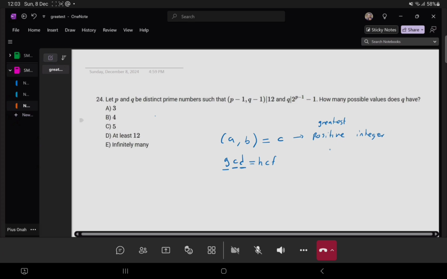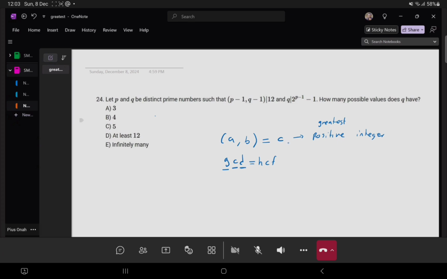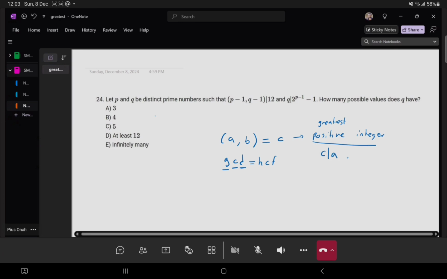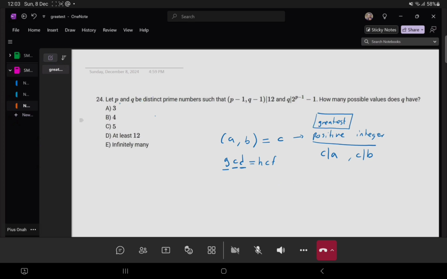So it needs to be an integer first of all. It needs to divide A. It needs to divide B. And then among all those possibilities, we pick the greatest of them. That's it. Here we also have prime numbers. I think we are all familiar with prime numbers.